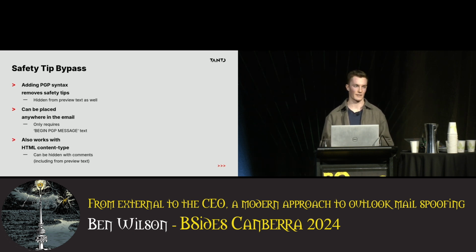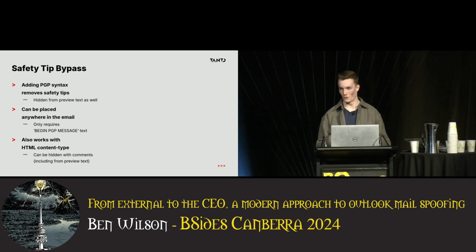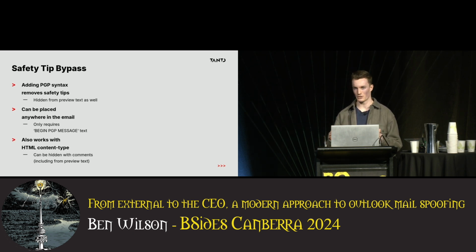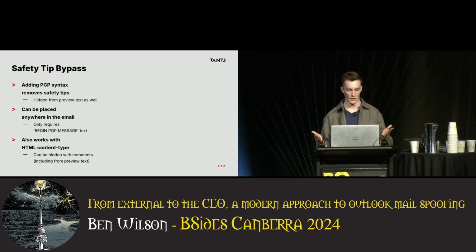It appears that when you send emails with this begin PGP message, Outlook looks through the email, finds that, and goes, okay, it's encrypted, we're not going to worry about it, it's fine. And they just ignore it entirely. Also, these can be placed anywhere in the email. You could have your begin PGP message at the very bottom of the email, and as long as it's in there, it'll still work.